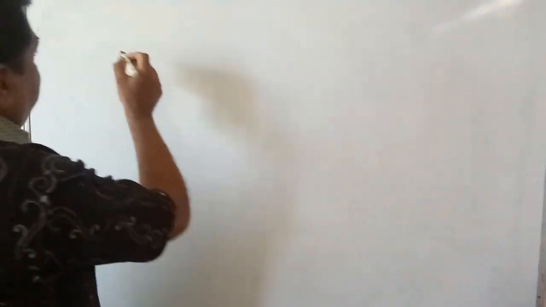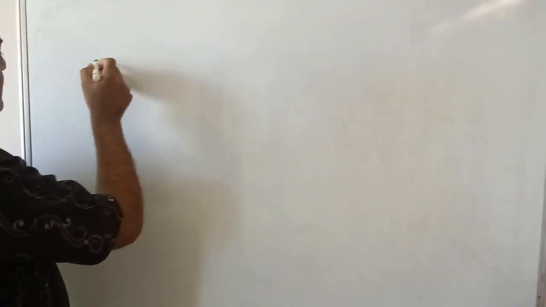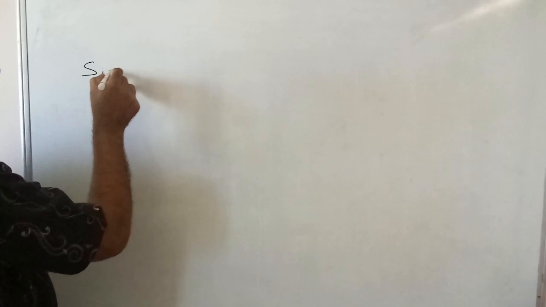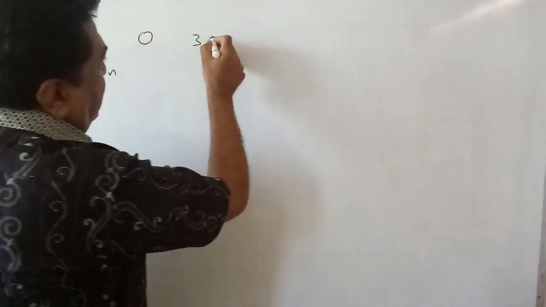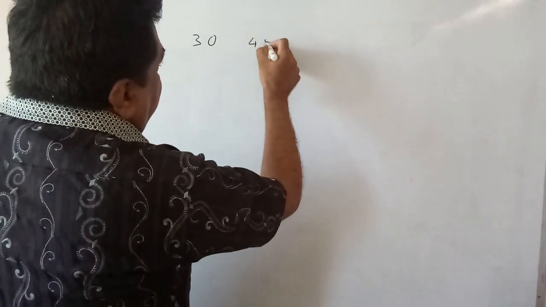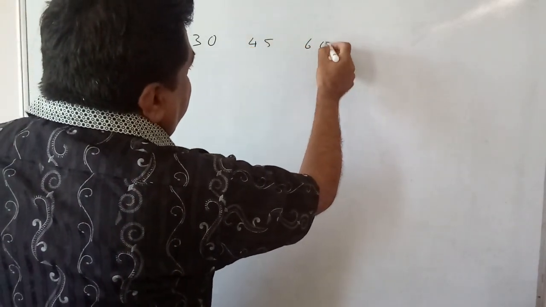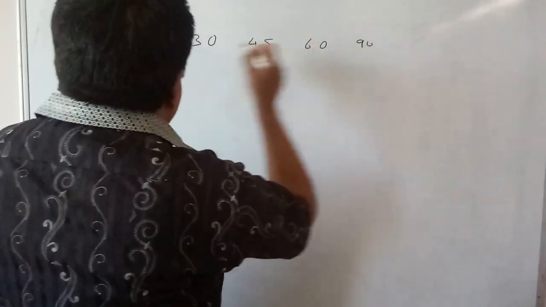Last time you learned about the values of trigonometric ratios, that is sine at 0, 30, 45, 60 and 90.